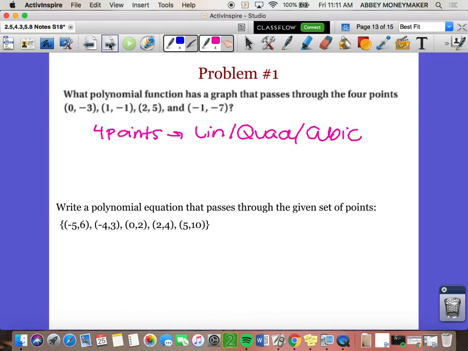Now, when I run these regressions, what am I looking for? Correlation. The correlation coefficient. With linear, you want to look for r. Everything else, you look at r squared. And remember, we want it to be as close to what? Negative 1 or positive 1. Okay? Do y'all understand? Yes. We good? Yes. Sweet.